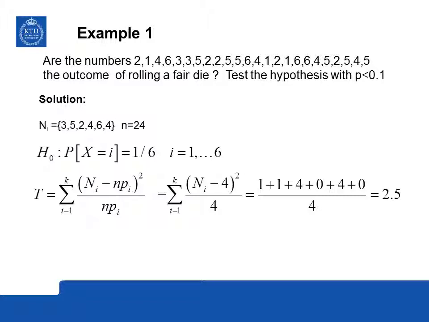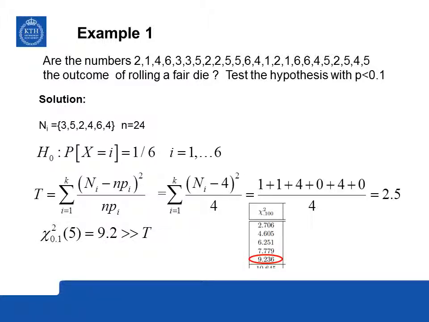And so now the question is, is this value above the threshold that corresponds to the p-value 0.1? So we have to go into our chi-square table. For 5 degrees of freedom, we have 5 different categories, so there are 5 variables we compare.